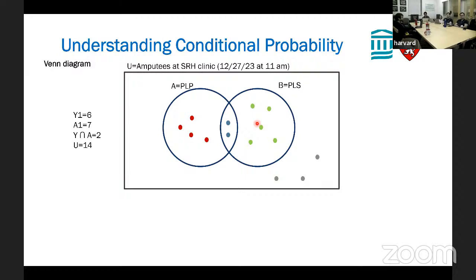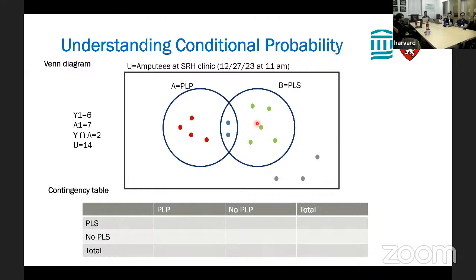Then you can represent this scenario with a different technique, which is called a contingency table. This contingency table presents the same numbers, but in a more organized way that is easy for calculating some statistical tests. To confirm that you understood, can you tell me what number goes in this initial cell?